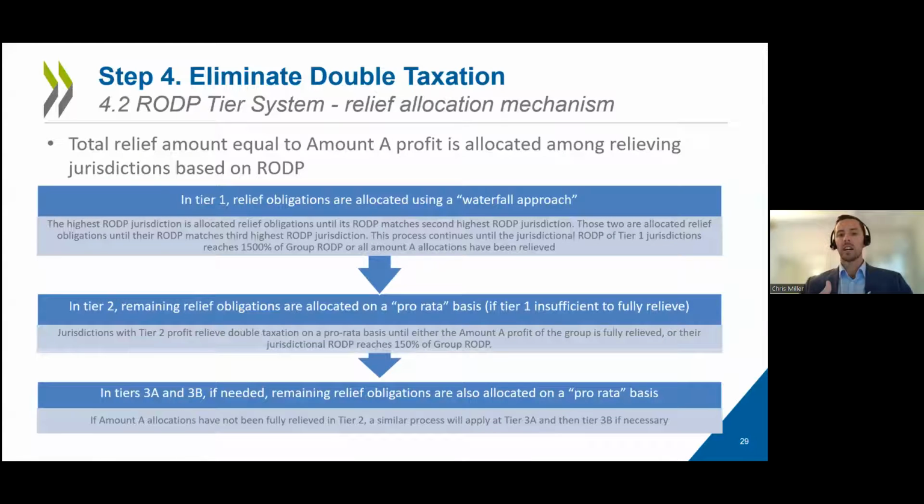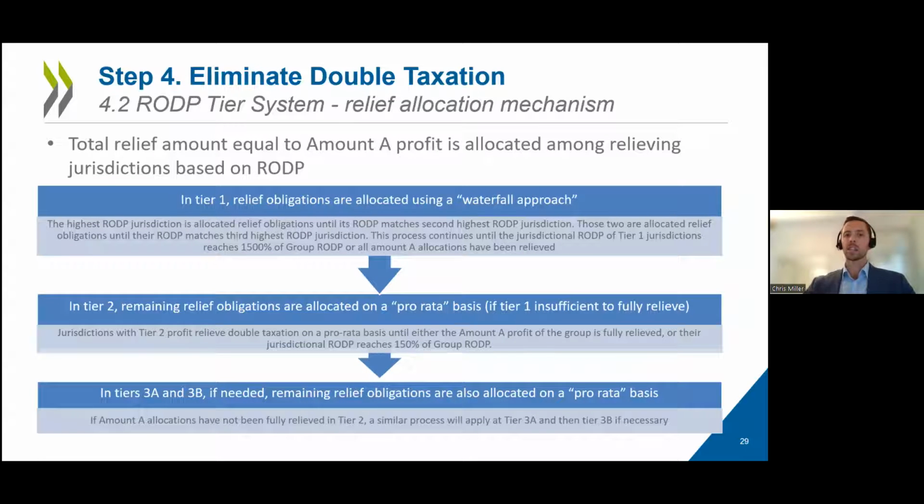And then those two most profitable jurisdictions are allocated further relief amounts until their adjusted RODP matches the next most profitable jurisdiction, and so on. And we apply this methodology until either we have fully allocated relief allocations of the group or tier 1 profit is fully utilized.